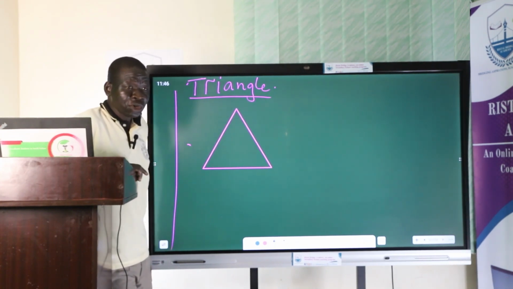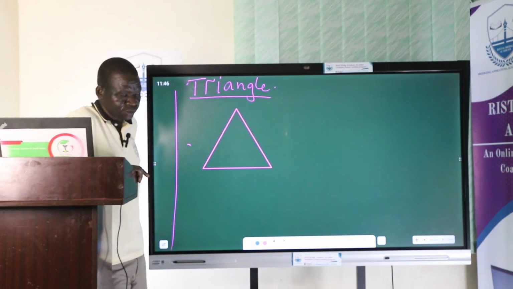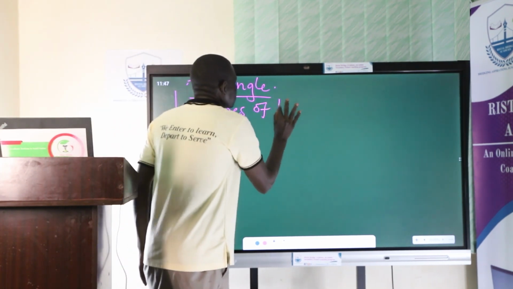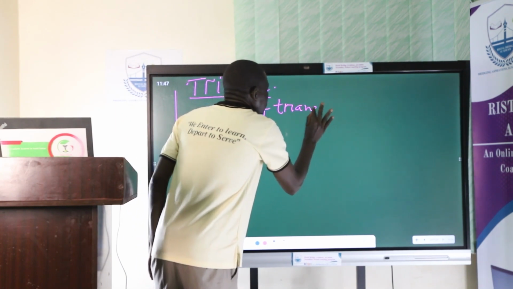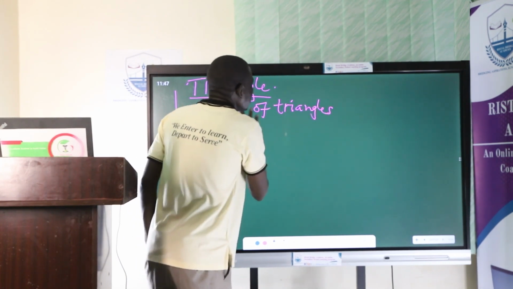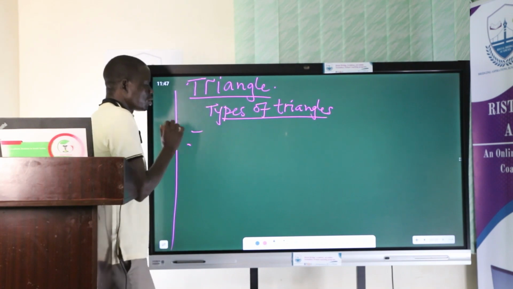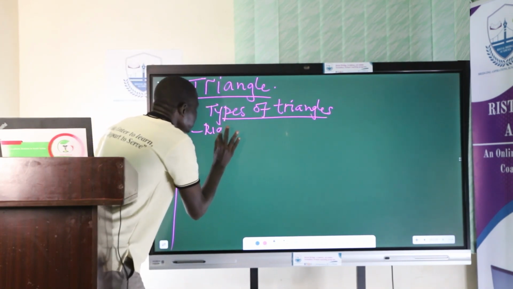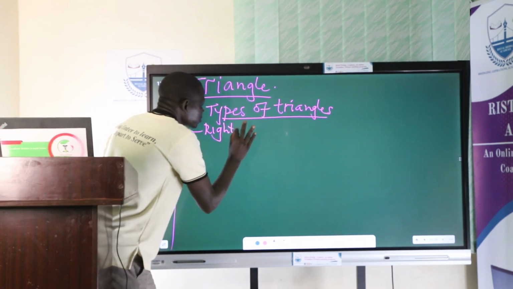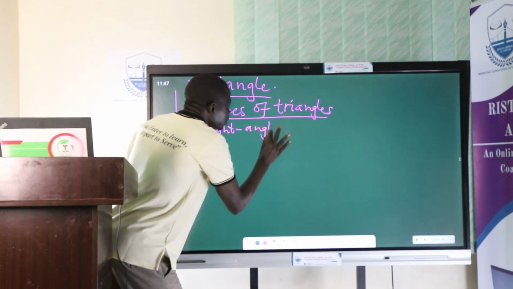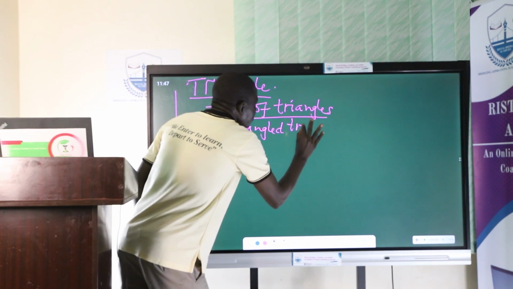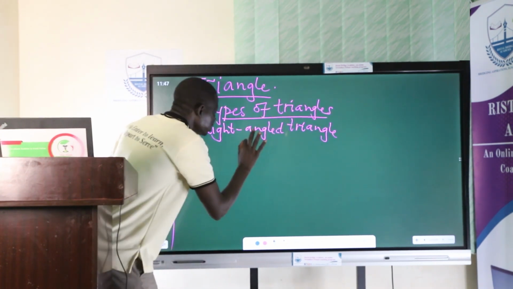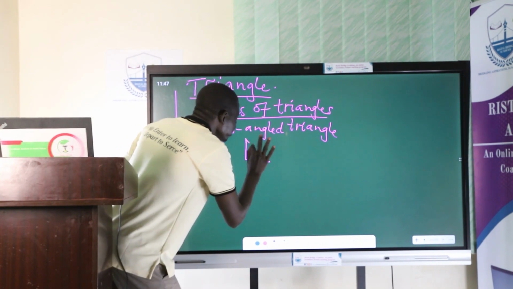To give you more knowledge about triangles, we find that there are different types of triangles. We have what we call the right angled triangle. That one looks like this.